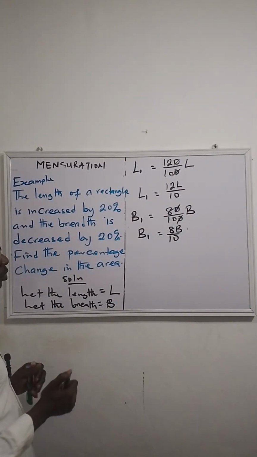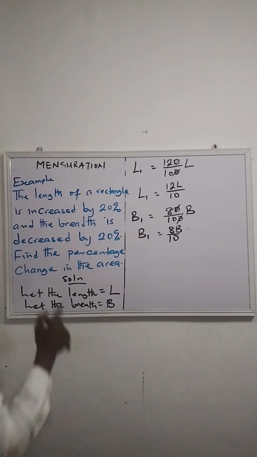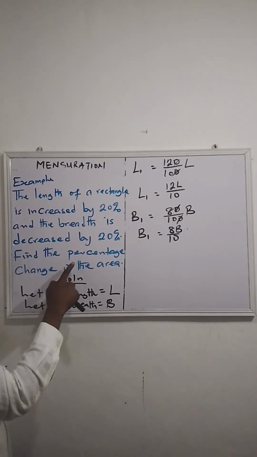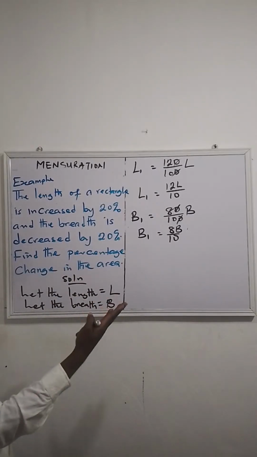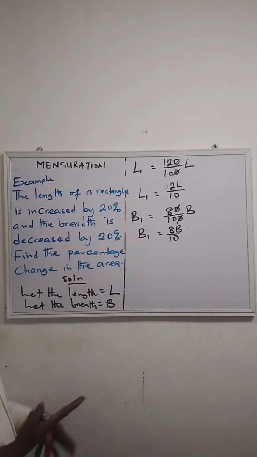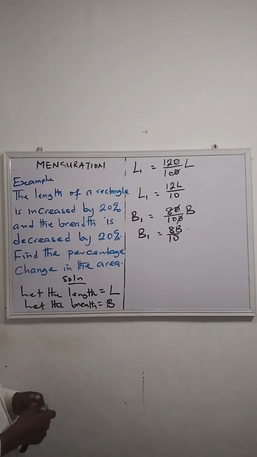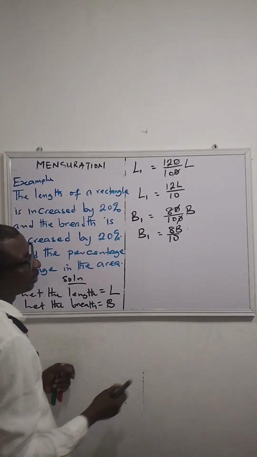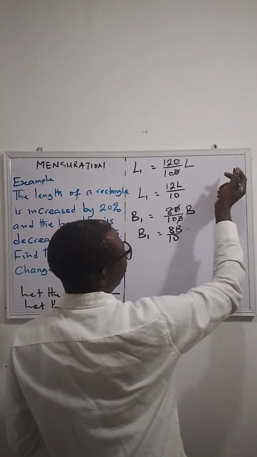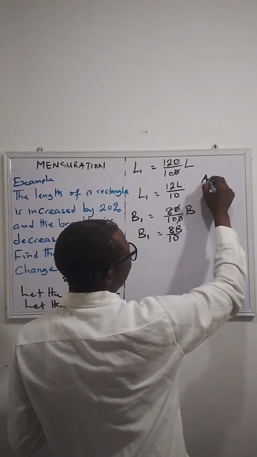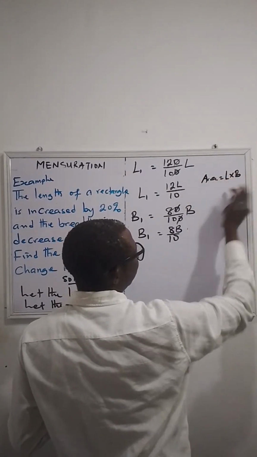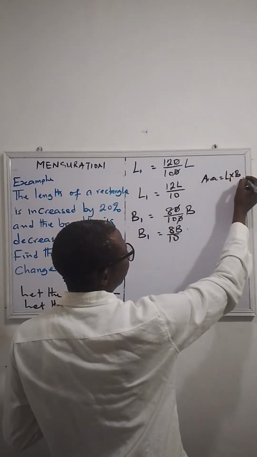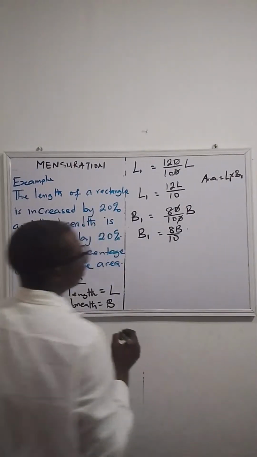Now the question is asking for the percentage change in area. So let me get the area using the new length and new breadth. Don't forget, the formula for the area of a rectangle is length times breadth. In this case it's L1 times B1.